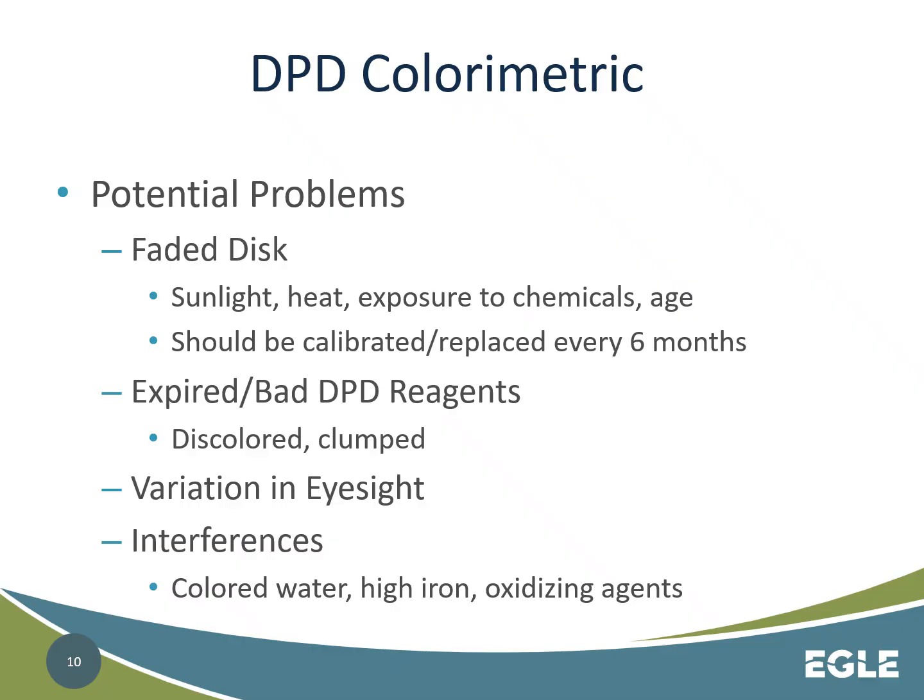And that's just variations in water. Other interferences are colored water, like red water. Water that's high in iron often has some discoloration to it. Or even water high in manganese will have some discoloration, a faint blackish tint.